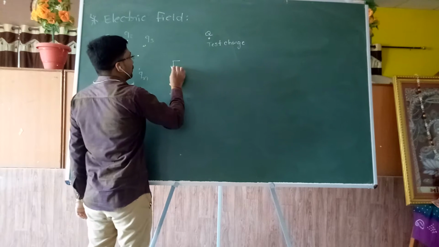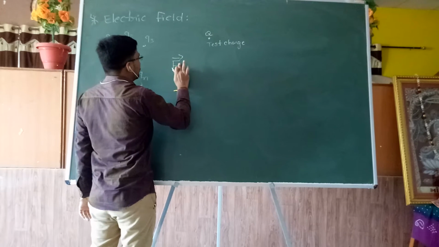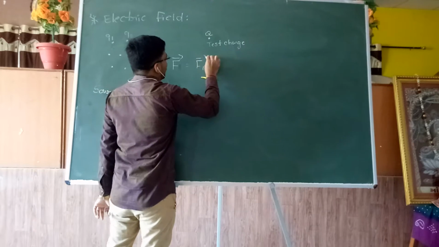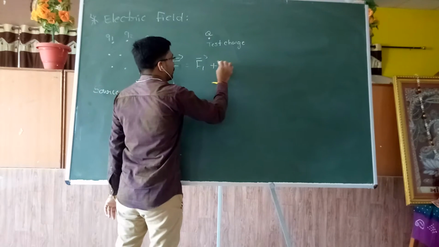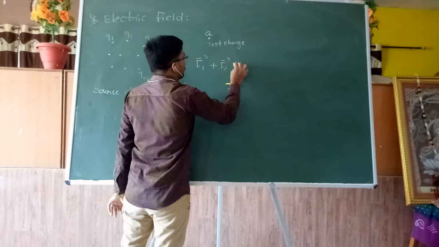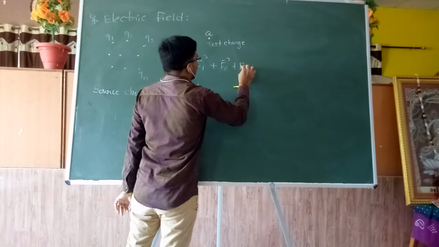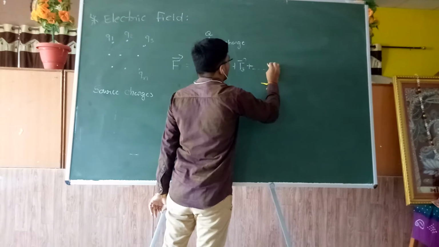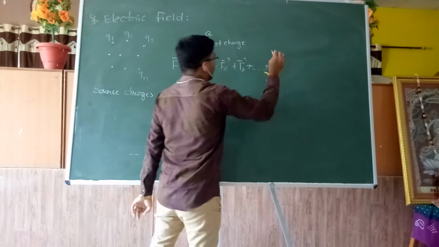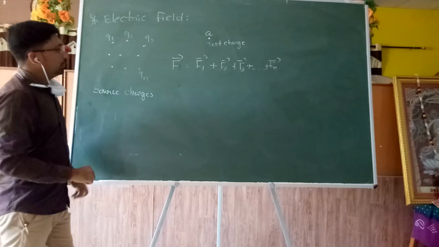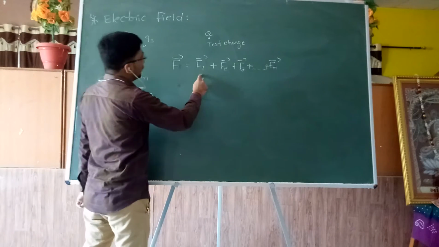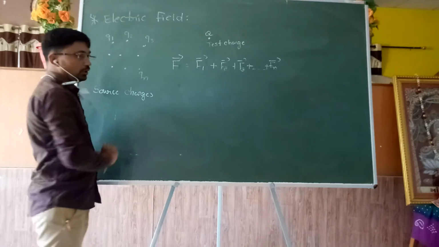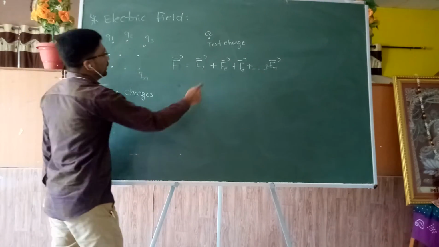and it is the vector sum F is equal to F1 plus F2 plus F3 plus up to Fn. Here F1 is the force on test charge Q due to source charge Q1.